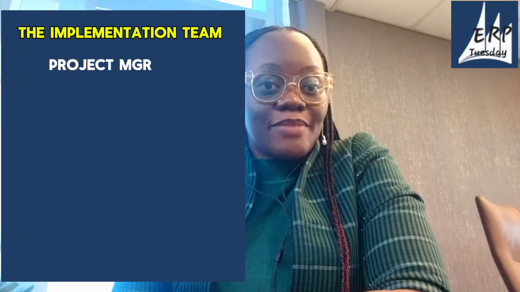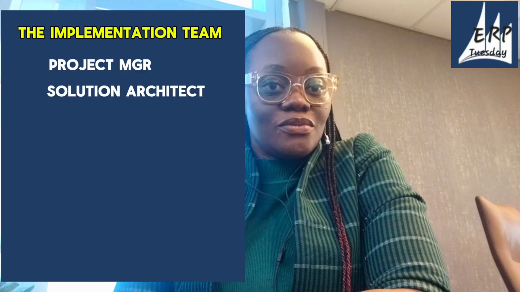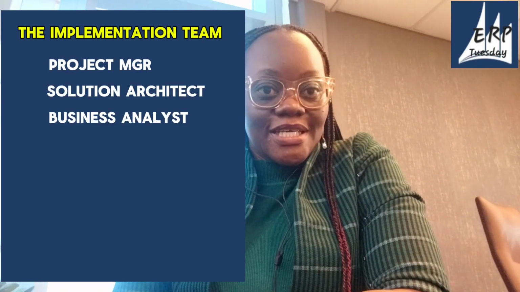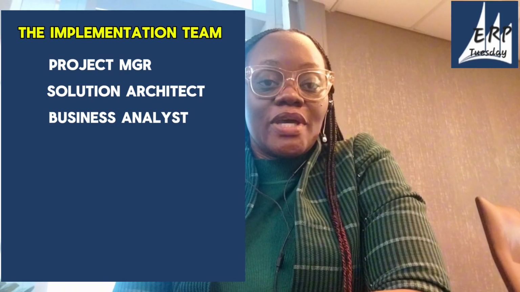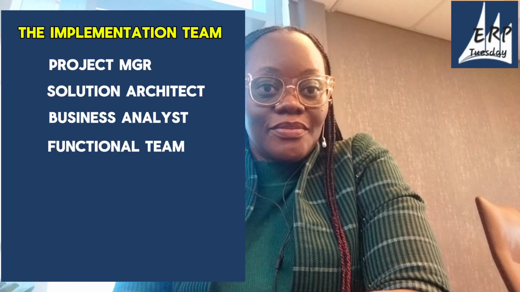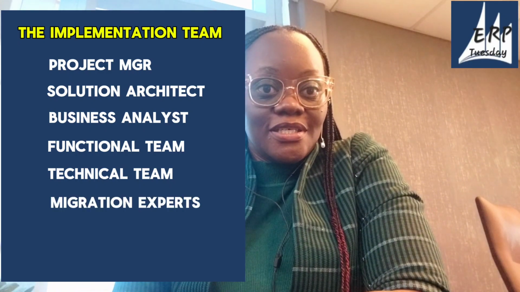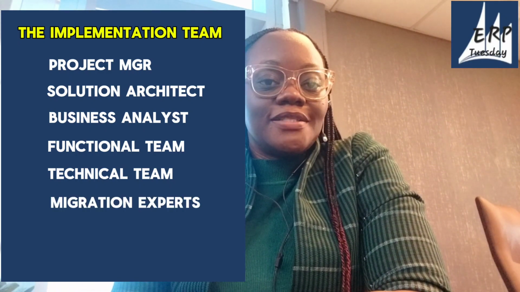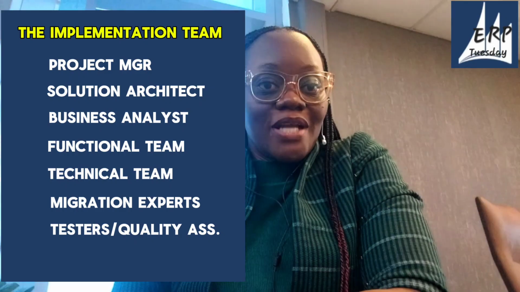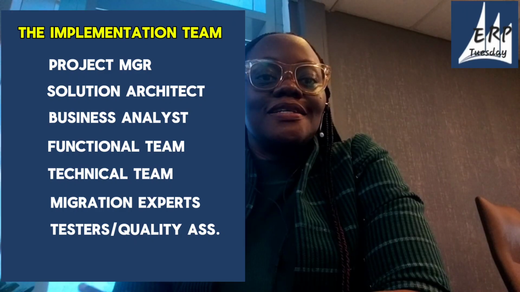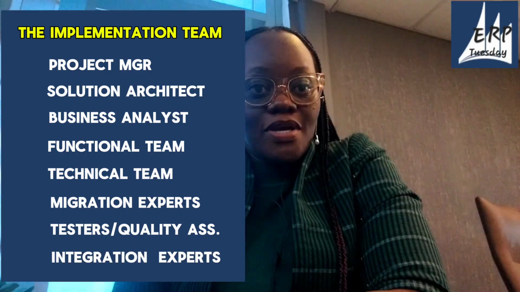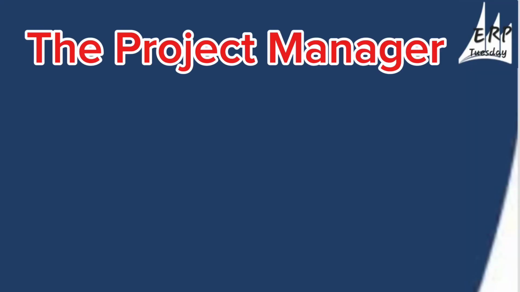We have the project manager, the solution architect, the business analyst. I'm looking at the functional team, the technical team, a migration team, a team of testers or quality assurance, and in some cases, an integration team. And let's look at their responsibilities.